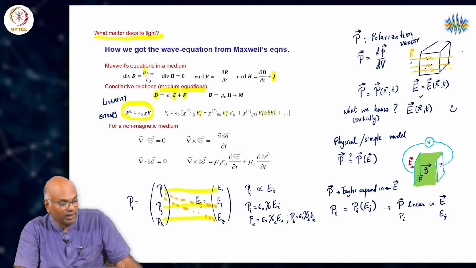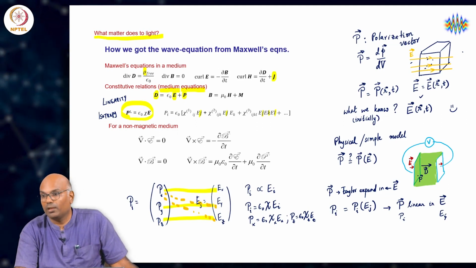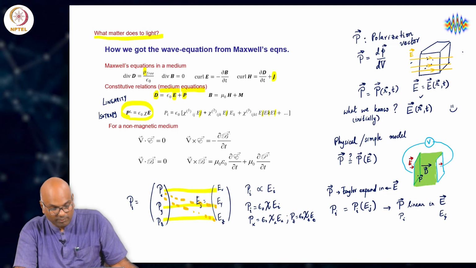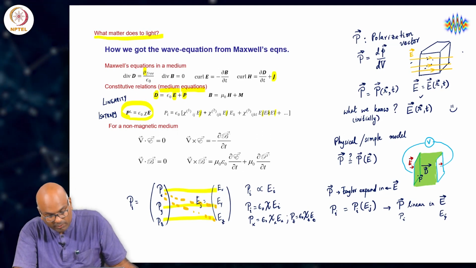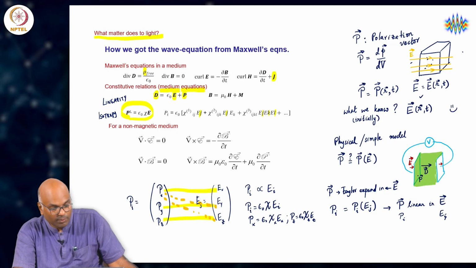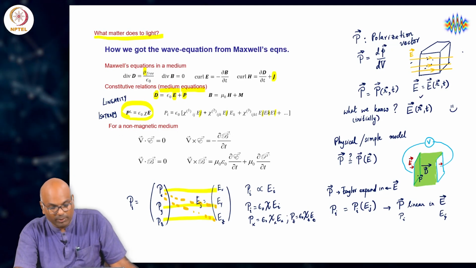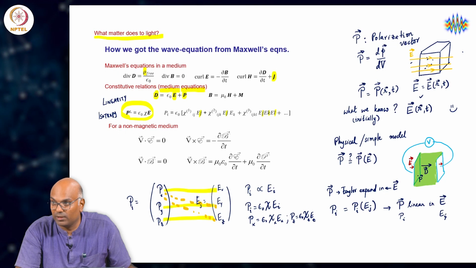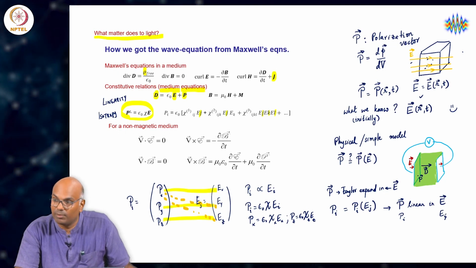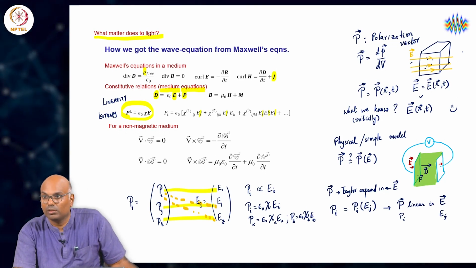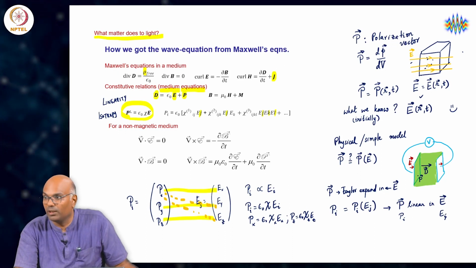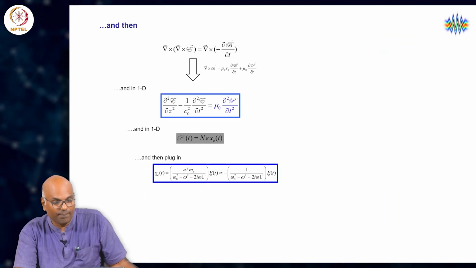Okay, so indeed it can. That would be the most general case, that Px depends not only on Ex but also on Ey and Ez. Py depends not only on Ey but also is cross linked to Ex and Ez. Pz depends not only on Ez but also on Ex and Ey. Okay.